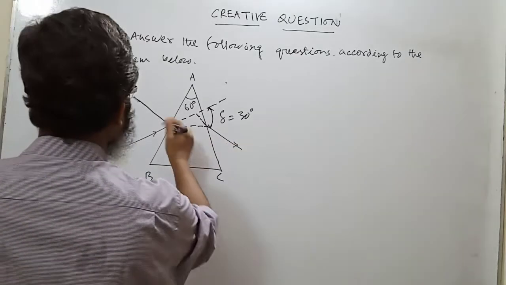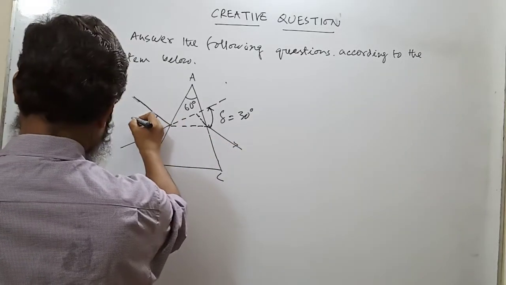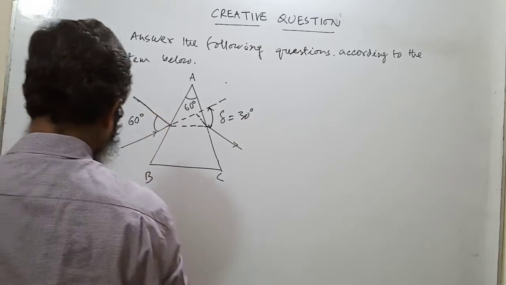Incident ray, emergent ray, and this is the angle of incidence, that is also 60 degree.